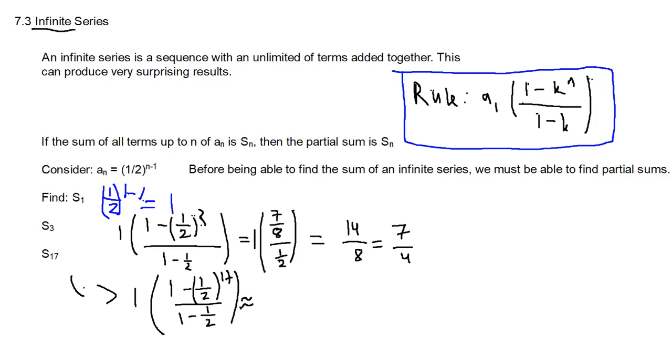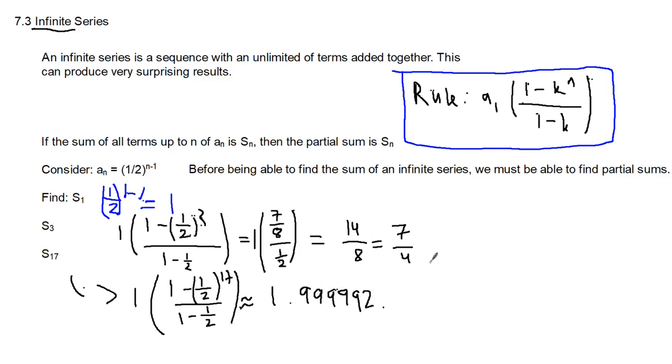Let me just actually calculate it. 2 to the 17th power is 131072, and 1 divided by 131072 is tiny, so the answer is about 1.99992.